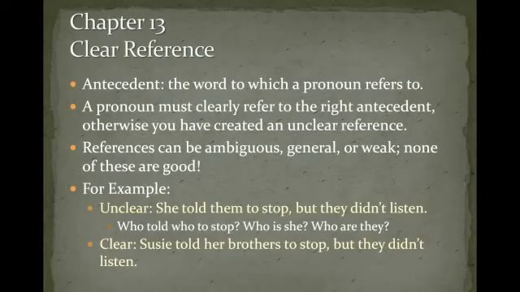Well, who told who to stop? Who is this she? And who are they? That is unclear. Be careful using your antecedents. I need to have a reference before I can use a pronoun. What will be clearer would be: Susie told her brothers to stop, but they didn't listen. Now I know who told who to stop. I know who is she and who are they.